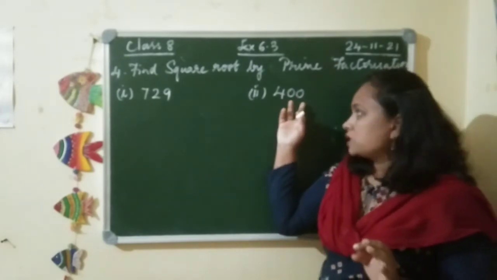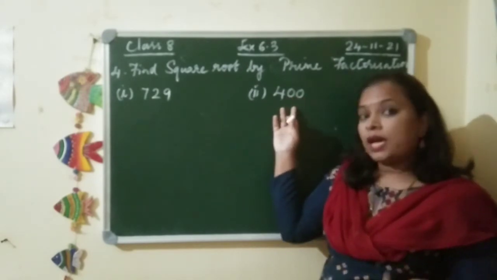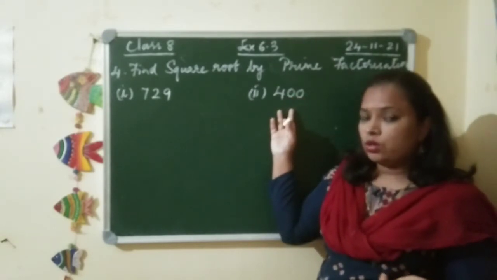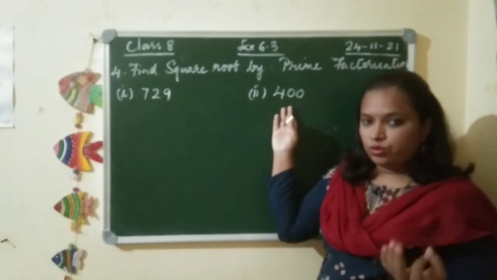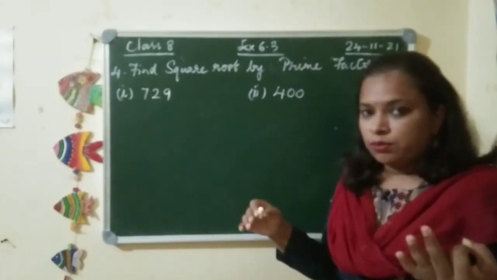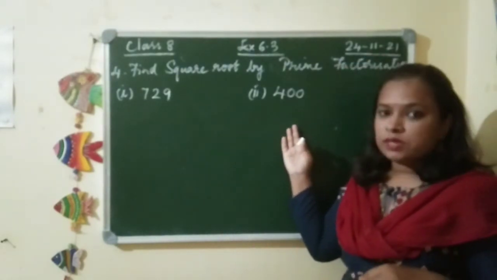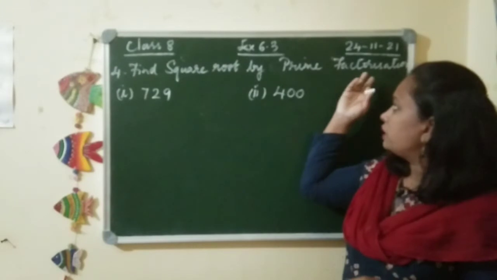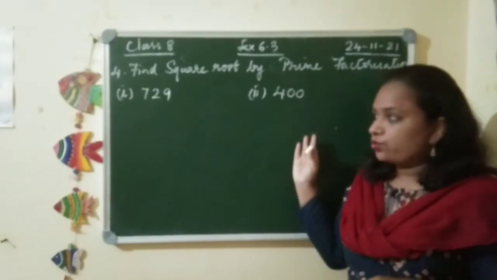If the last digit is 0, it is divisible by 2, and it can be divisible by 10 also and by 5 also. But we are going to use only the prime factorization method, so it is divisible by 2 and 5.